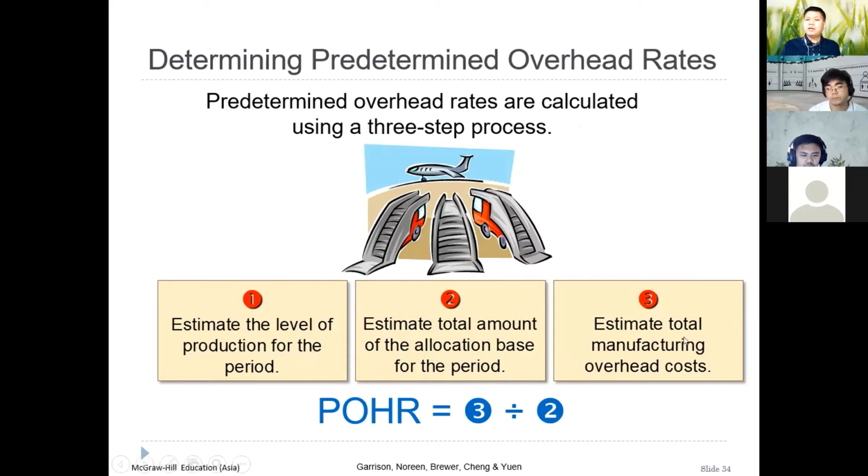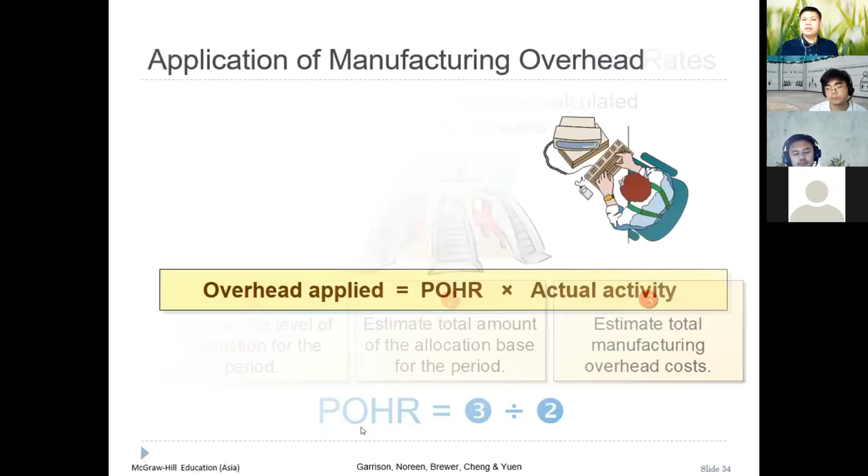You estimate the manufacturing overhead costs, and then you have the allocation base. What could be examples of those allocation base? Like, for example, direct labor hours, or direct labor in dollars or pesos. So you divide, no, 3 divided by 2, then you have your POHR, the predetermined overhead rate.